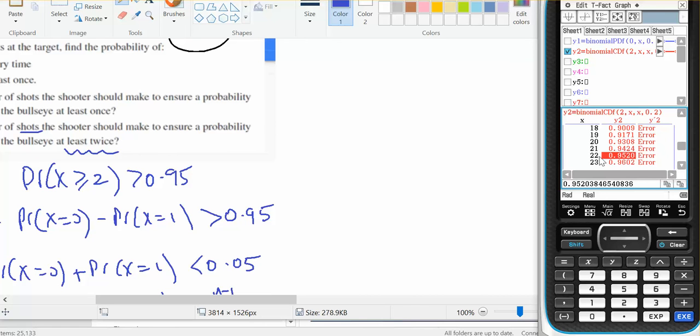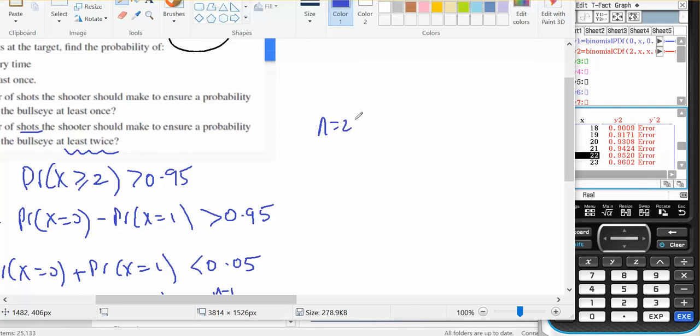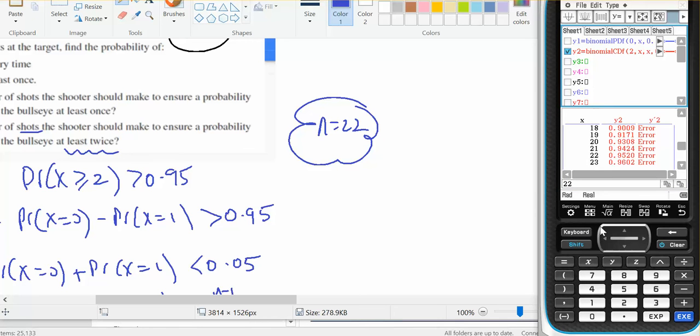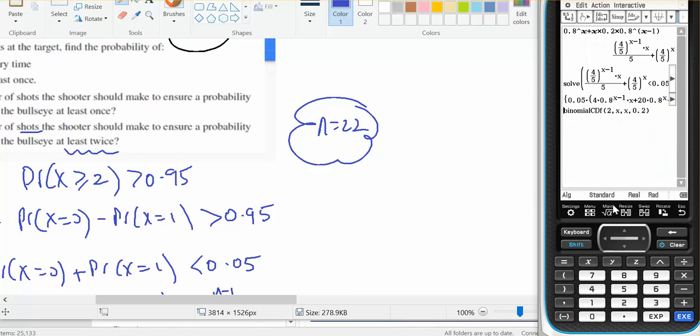First time it's bigger than 0.95 was n equals 22. Same answer.